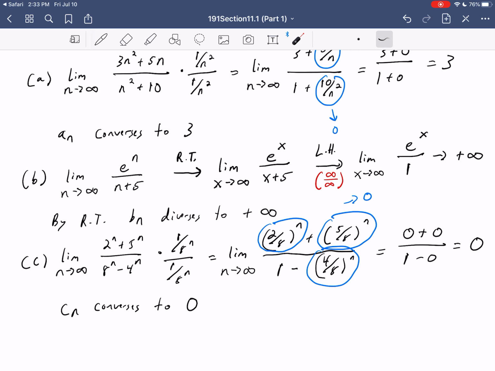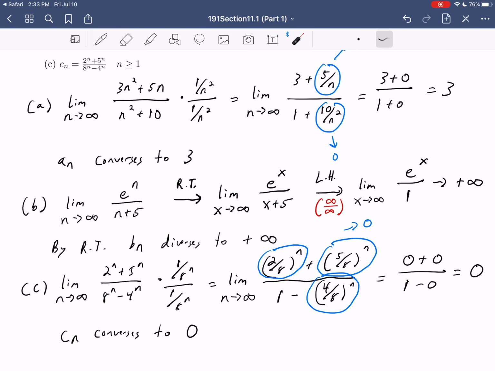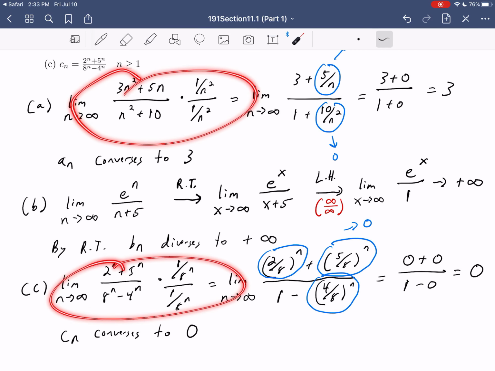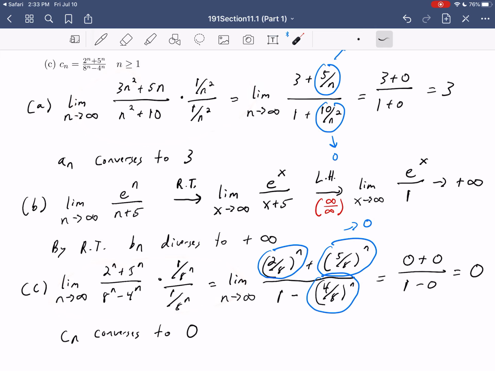So again, if you wanted to, you could have taken both a and c, since these haven't introduced anything sort of weird yet, and tried to replace them as continuous functions. In a, if you replaced it as a continuous function and you used L'Hopital's rule twice, you would eventually get the same result we did here. Notice that ours was a lot faster.